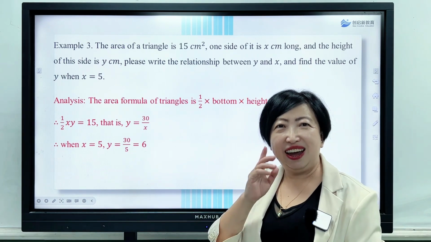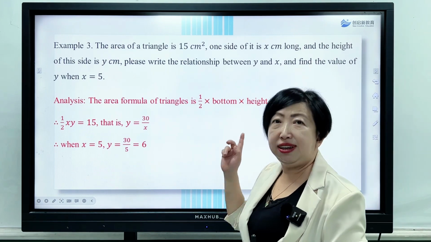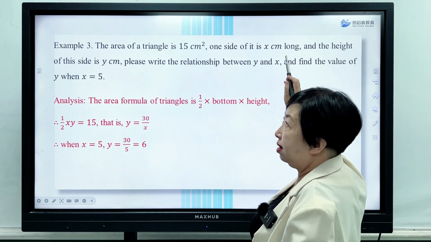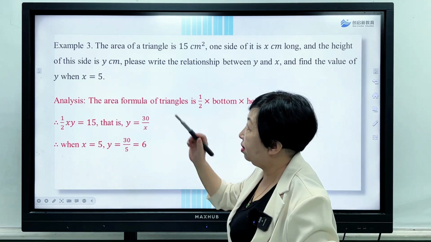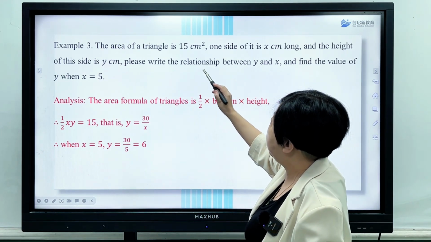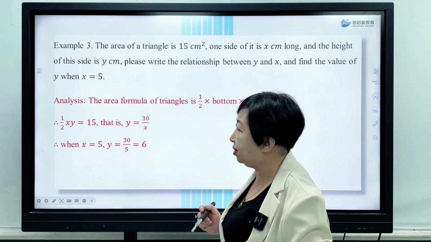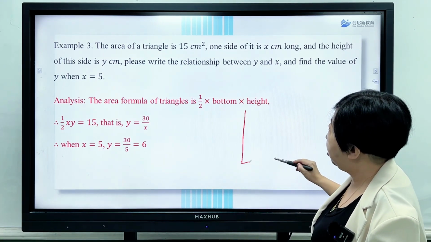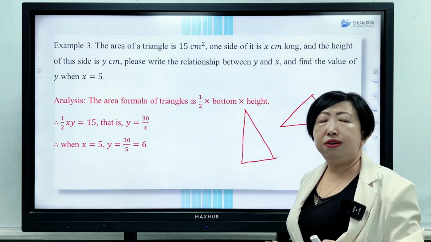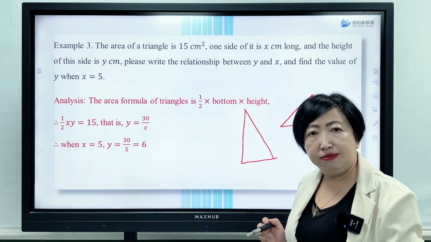Let's go on. Example 3. The area of a triangle is 15 square centimeters. One side is x centimeters long and the height of that side is y centimeters. Write the relationship between y and x and find the value of y when x is 5. The area of a triangle equals half of x times y.